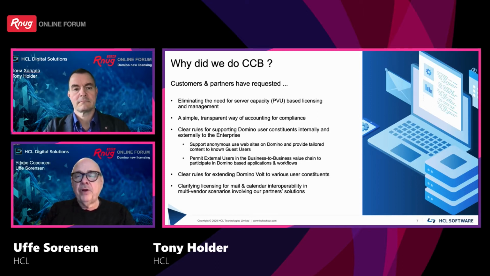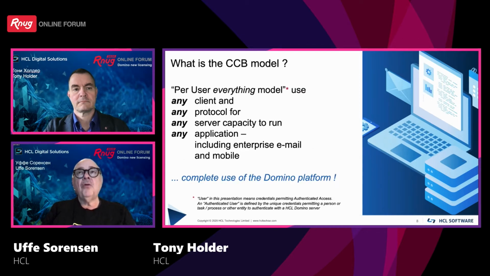We came up with a very simple answer. We have one model, which is the CCB, and it is a per user everything model. You can use any client on any protocol, on any server volume, to run any application, including your enterprise email and mobile setup. So it's a complete use of everything Domino offers, licensed on a per user basis.